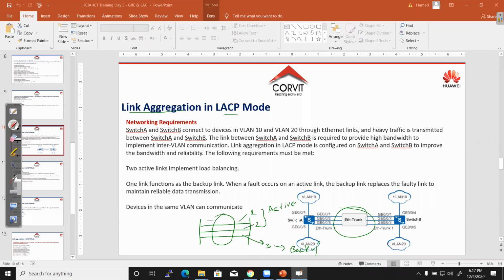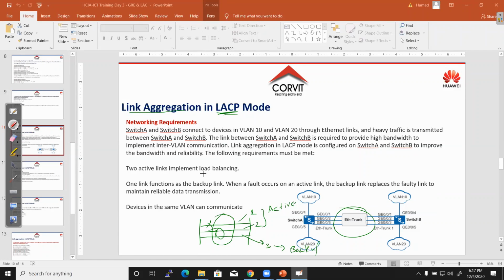Why? Because if this link goes down, or it might be the second link, any of them goes down, the backup link will join the bundle automatically with the help of the LACP protocol.